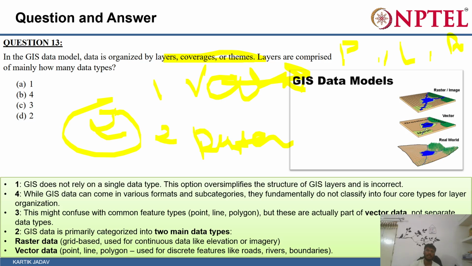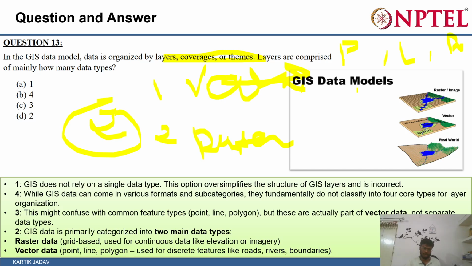Points are things like homes, hospitals, and schools. Lines are rivers, roads, and highways. Polygons are lakes, small water bodies, and certain grounds.